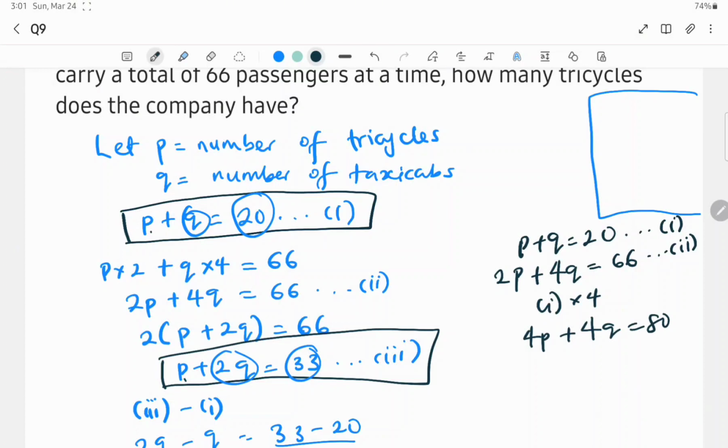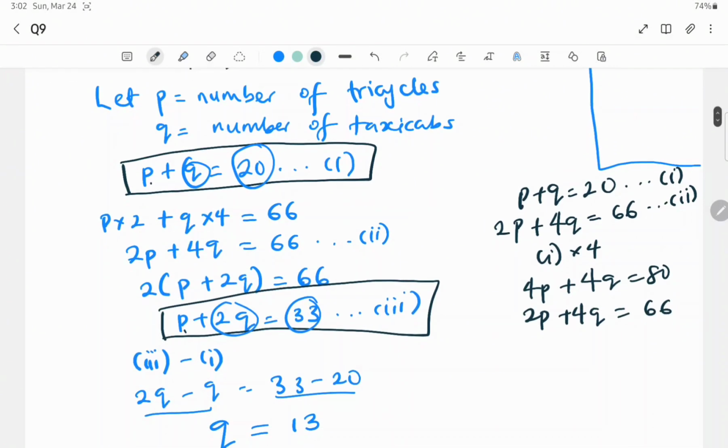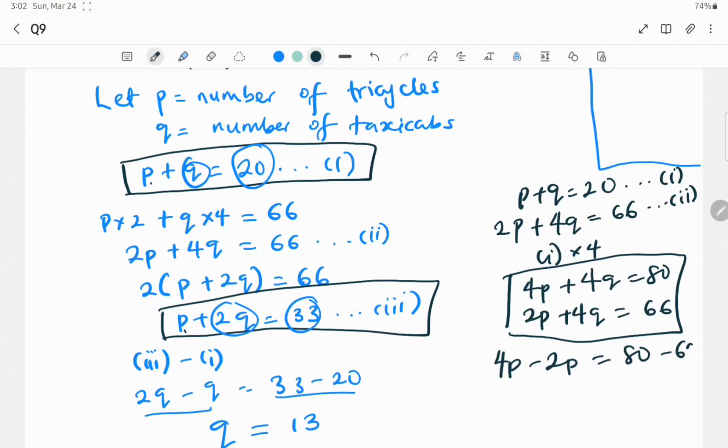Now let me compare this new equation with 2P plus 4Q equals 66. These are the two equations I want to solve simultaneously. Now that the coefficient of Q is the same, I can eliminate Q. The first minus the second: 4P minus 2P equals 80 minus 66.